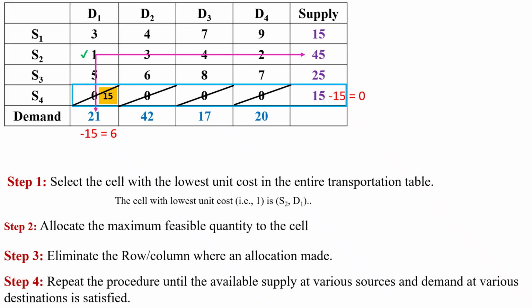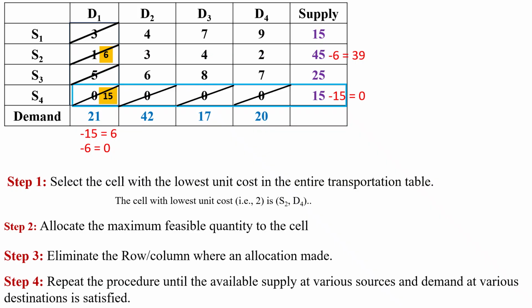So the maximum possible allocation is 6. I allocate 6 here and subtract 6 from the supply as well as the demand. Then supply becomes 45 minus 6 equal to 39 and demand 6 minus 6 equal to 0. Then we remove the D1 column because its demand is 0.